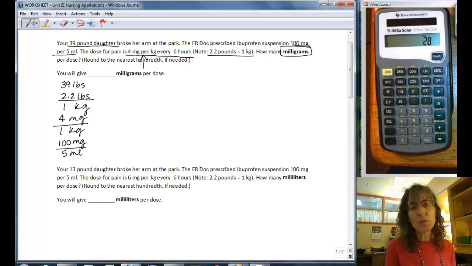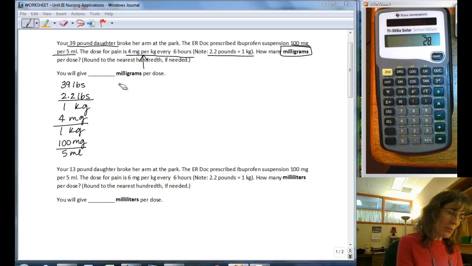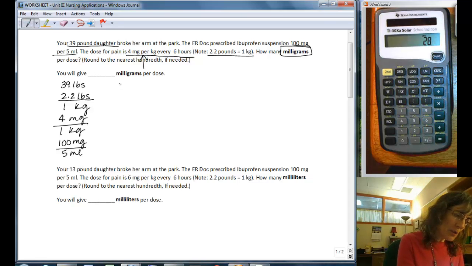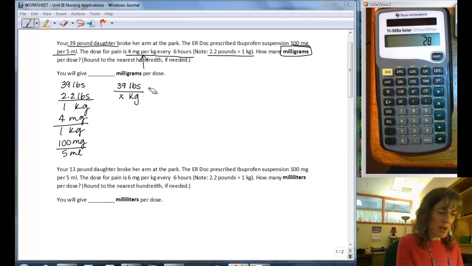Okay, so I've got a bunch of conversions, but I also kind of put them in order already, so they're not going to be so hard for me. So first thing I'm looking at is the 39 pounds. And if we could convert that to kilograms, then we can use the other conversions that we have.